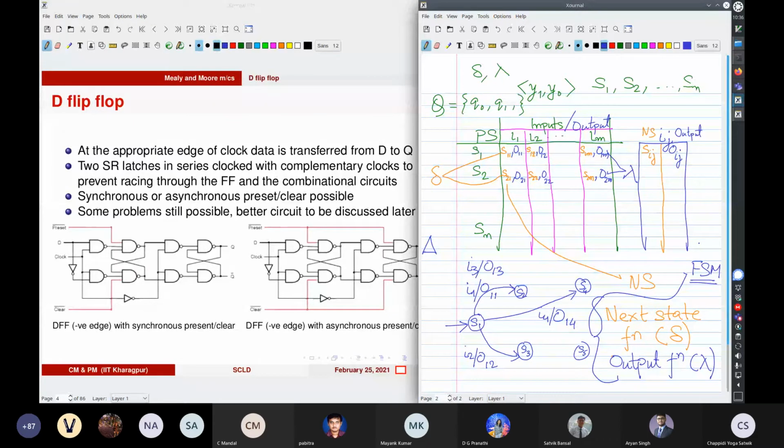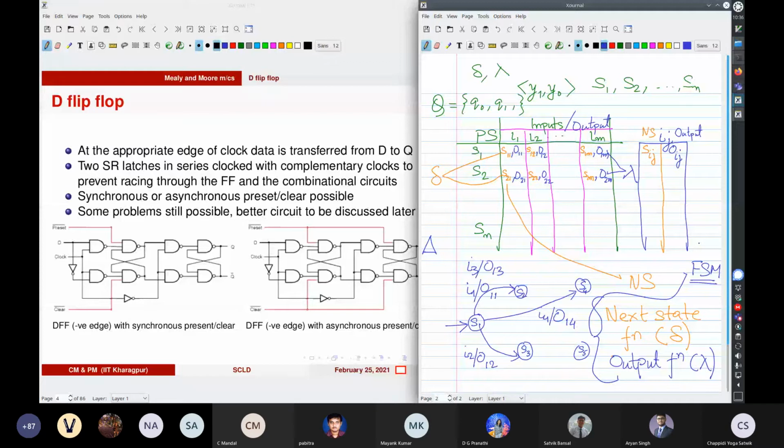Just as you have seen for your two-level function optimization, sometimes for certain inputs you don't need to clearly specify your output. That means certain minterms can be either in the onset or offset. You don't really care. Those are don't cares.